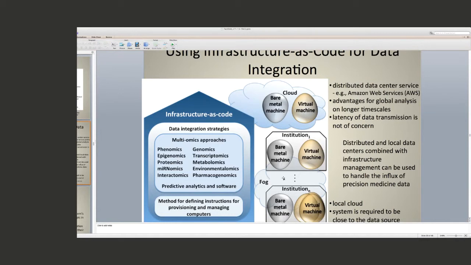In other words, it's a local cloud system closer to your center. So you're either in the clouds, in a fog, or running on bare metal. These are different aspects of analysis. But we'll need this combination of management to handle the influx of data and data types that are occurring in precision medicine.